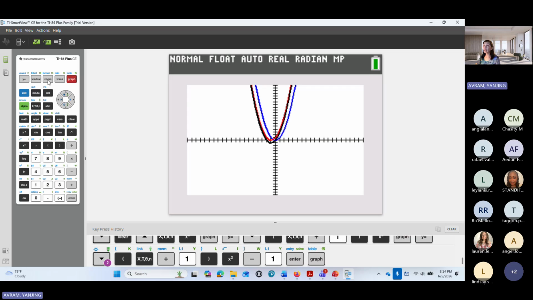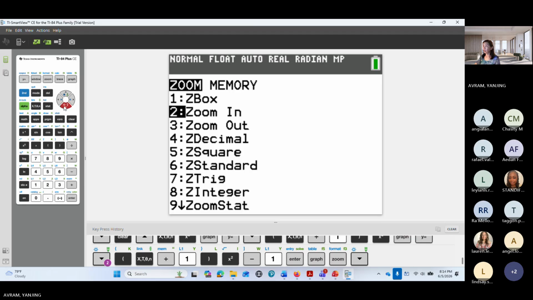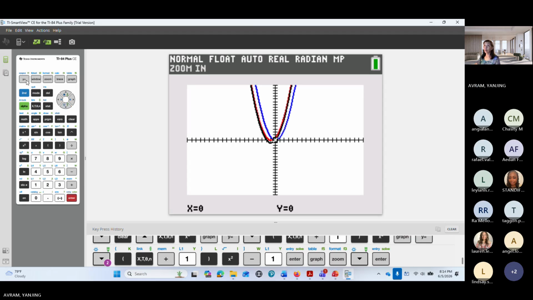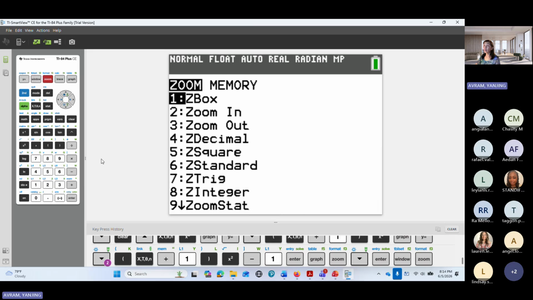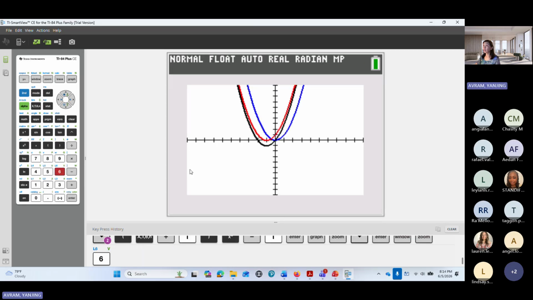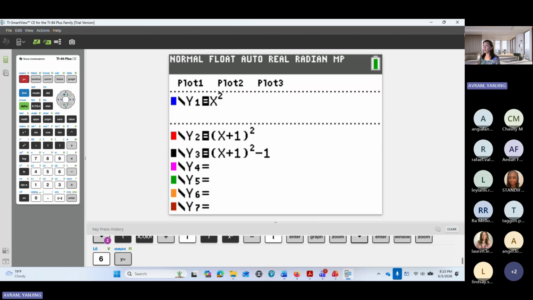I can zoom in a little bit, or reset the window to standard, so you can see better. The blue one is y equal to x squared. The red one is moving to the left for 1 unit, so y equal to x +1 squared. The black one is moving to the left 1 unit and also down 1 unit. So that's the 3 equations.